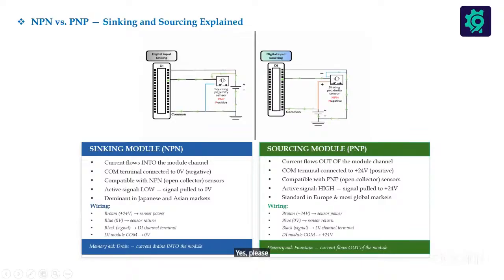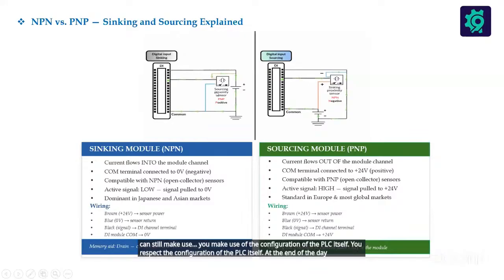Okay. So now, if you have it that way, you still make use of the configuration of the PLC itself. You respect the configuration of the PLC itself. At the end of the day, what might change is how the sensor will respond.